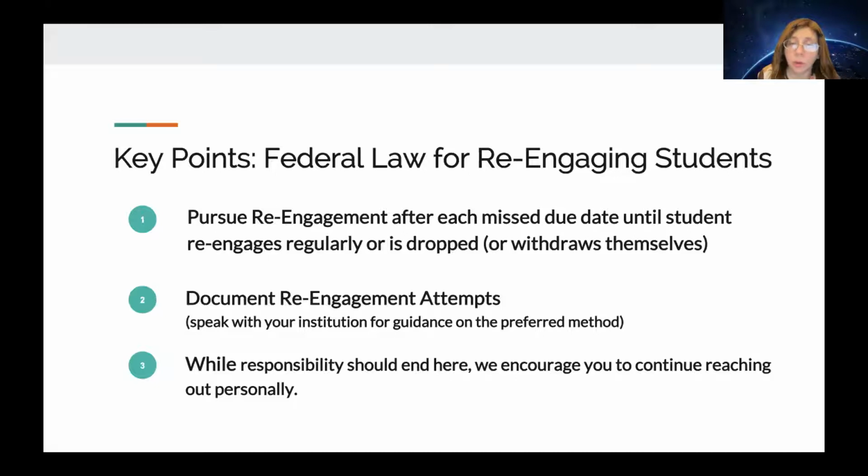And then just a note down here that while your responsibility should end once you have attempted and documented it, we do encourage you to continue reaching out to the student. And we will also talk about different methods, so ones that are more personal, ones that may involve others at the college as well.